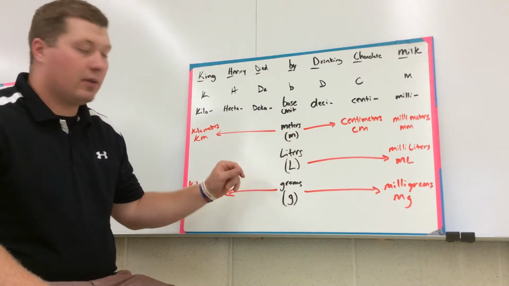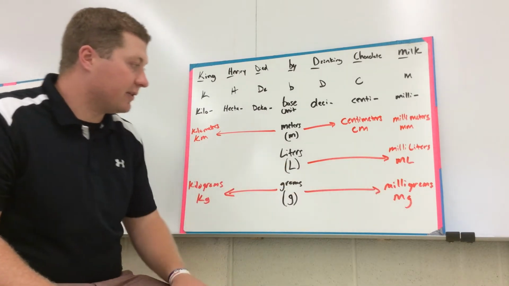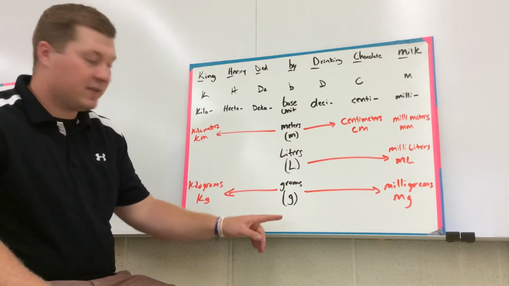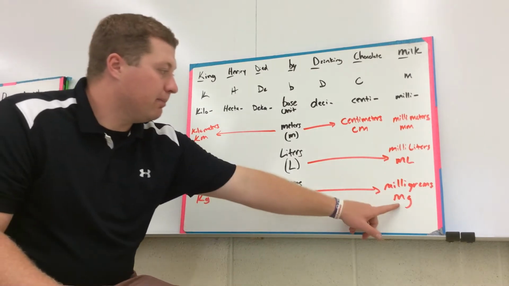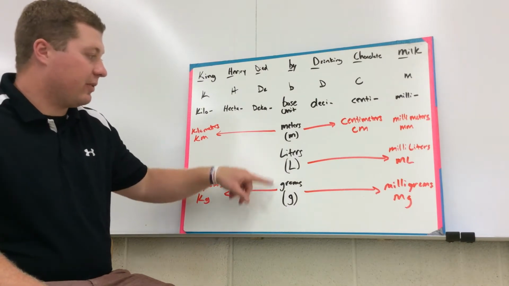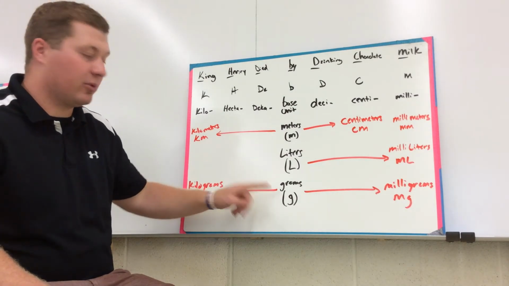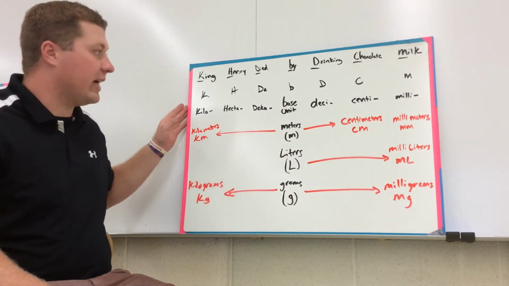Liters: the two most common ways of measuring volume are liters and milliliters. For mass, it's grams, milligrams, or kilograms. These are the three ways we measure things in the lab most commonly. Meters is distance, liters is volume, grams is mass, or how much something weighs.